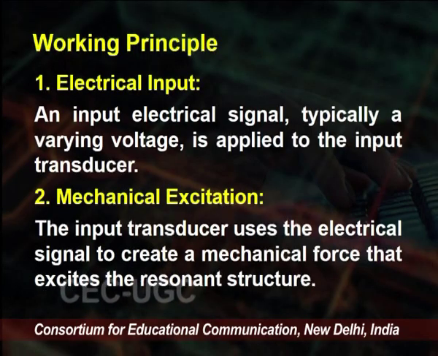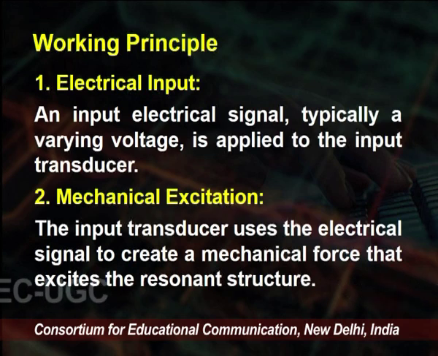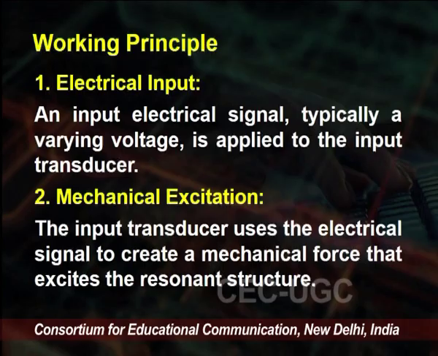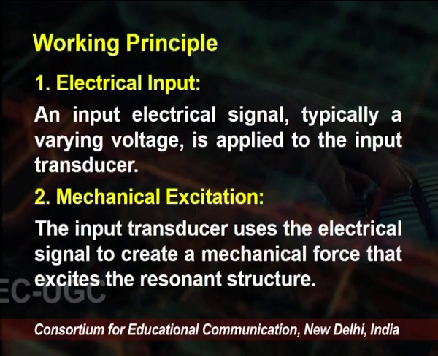So, what is the working principle behind the MEMS resonator? First, we use the electrical input. So, an input electrical signal, typically a varying voltage, is applied to the input transducer. Another point is the mechanical excitation. The input transducer uses the electrical signal to create a mechanical force that excites the resonant structure.